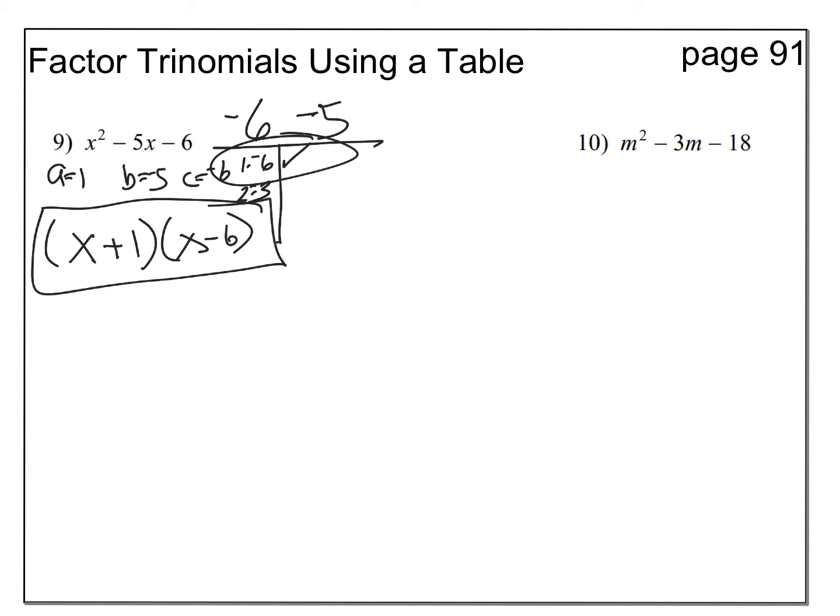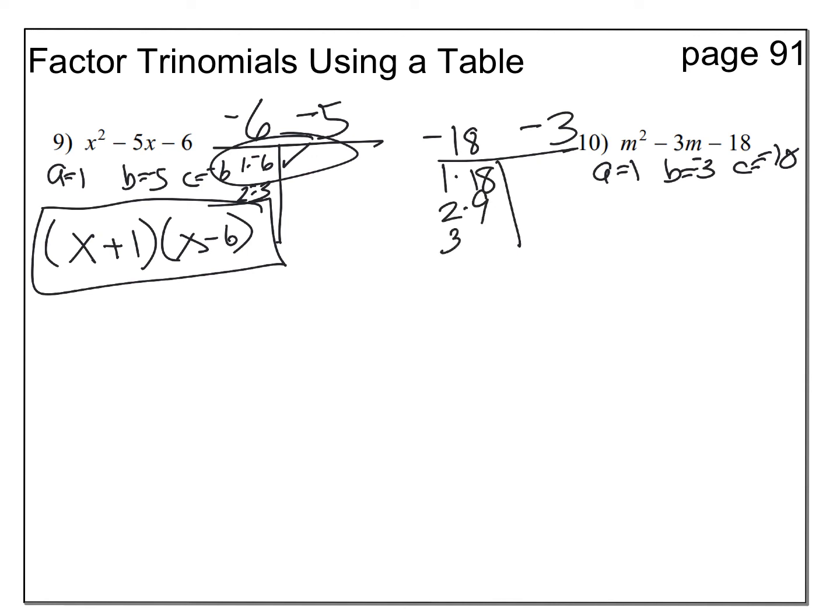Then number 10, a is 1, b is negative 3, c is negative 18. A times c, negative 18, sum of negative 3. 1 times 18, 2 times 9, 3 times 6.